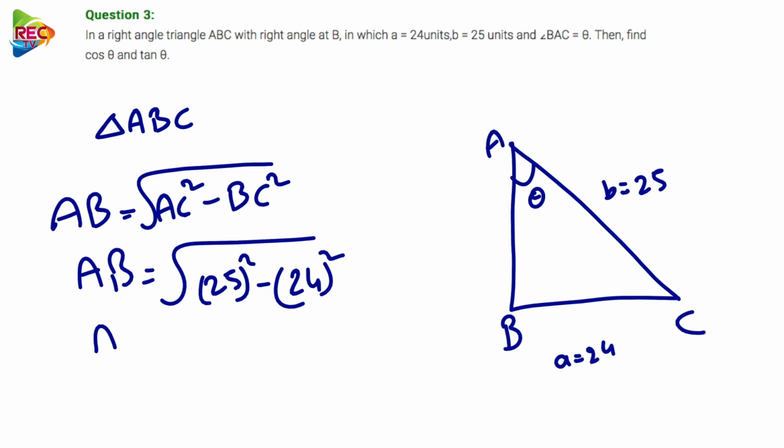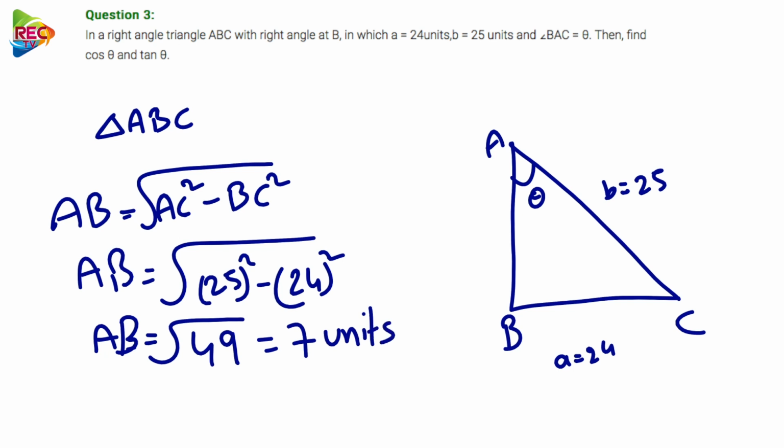AB equal to square root of 49, so that equal to 7 units.